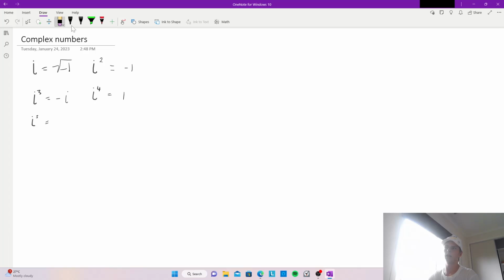There are further patterns, but in reality, you don't really need to know past i to the power of 4. It's usually not going to help you knowing that far ahead. I'll quickly rub this out, but this is kind of the basics that you want to know.